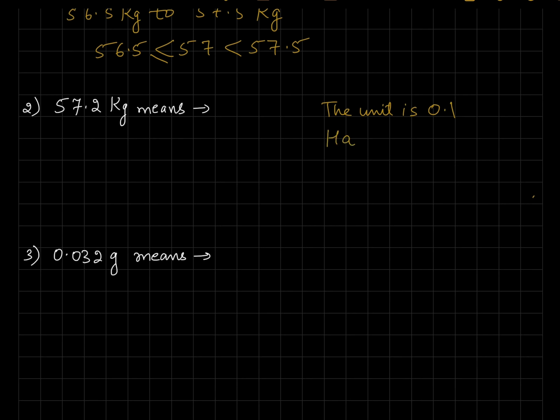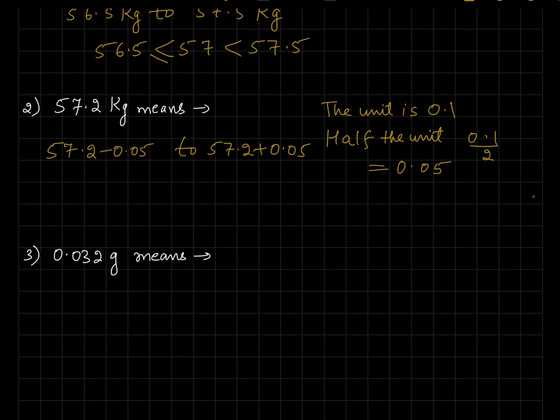Half the unit means 0.1 divided by 2, so 0.1 over 2 is 0.05. So what does this mean? That the weight of the box can be 57.2 minus 0.05 up to 57.2 plus 0.05.